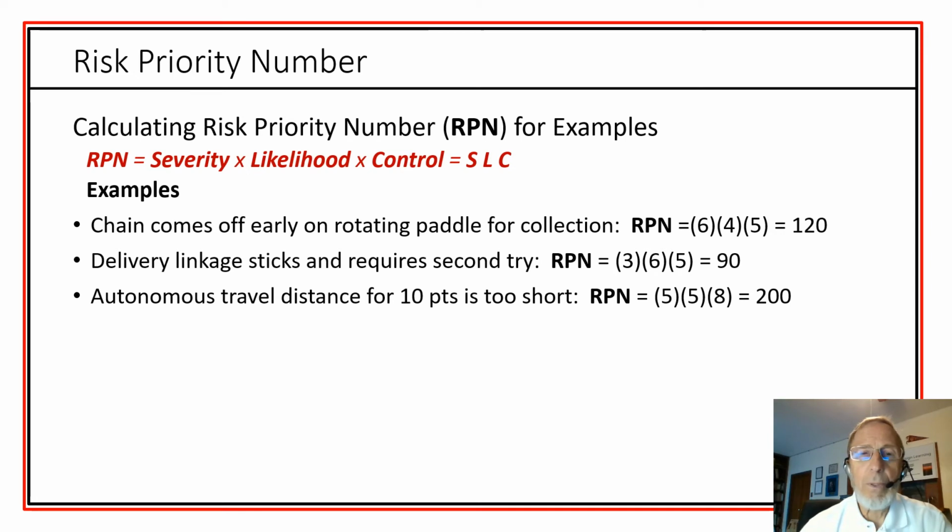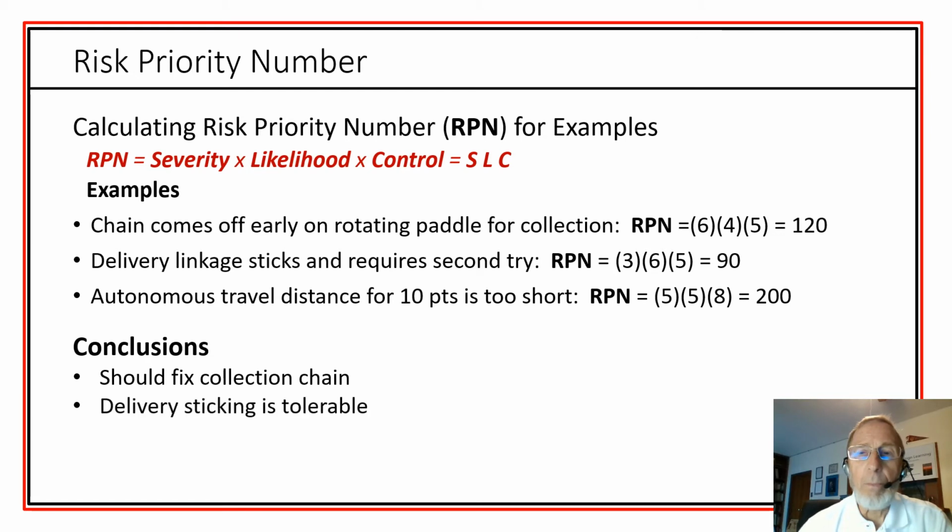Now, once we have a series of potential failures scored with risk priority numbers, that should allow us to make some conclusions about the different types of failures. Looking at the collection chain, the one with the chain coming off, because it had a score of 120, we probably should tackle that problem.